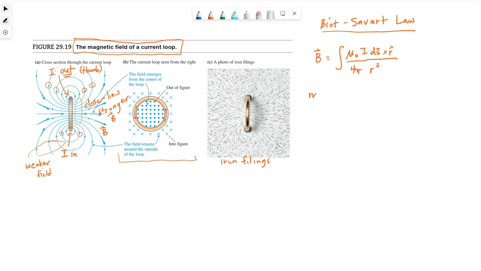In terms of the magnitude, if we want to find the direction ourselves using the right-hand rule, with any cross-product equation, we can take the magnitude of these two vectors times the sine of the angle between them. And this will give us the magnitude.